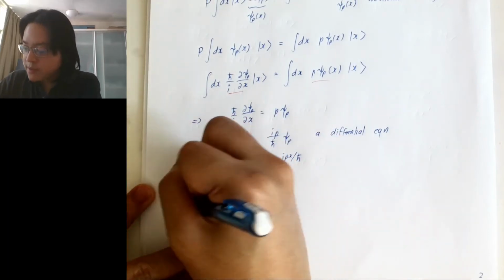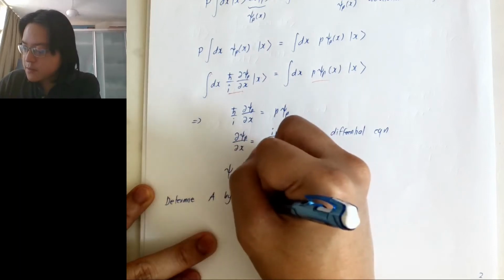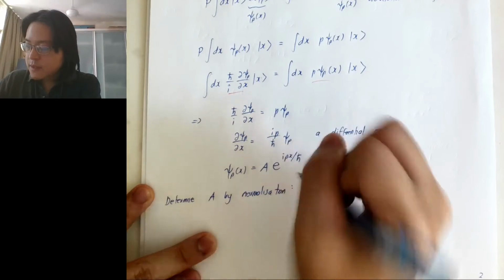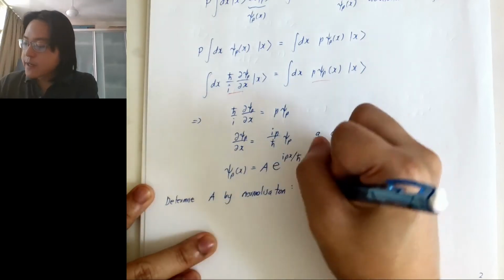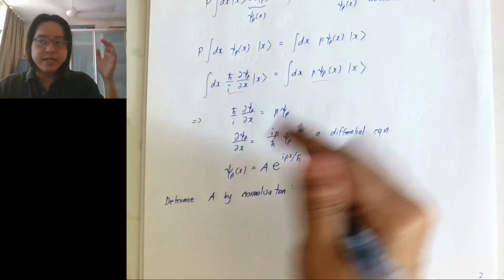and we determine the constant by normalization. So in other words, these are the eigenstates P, right?